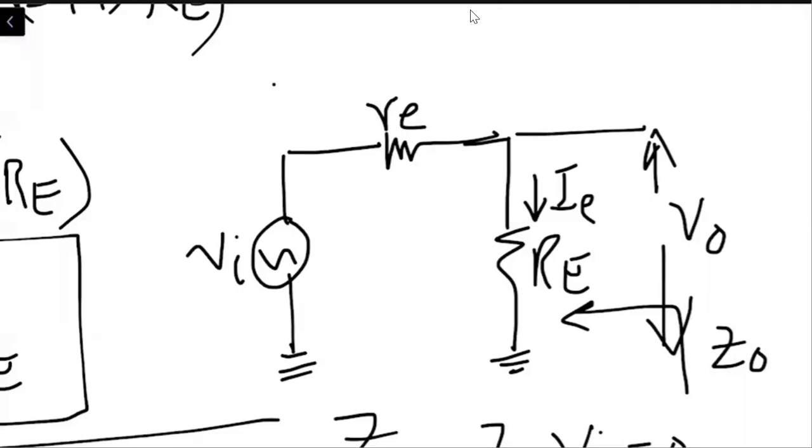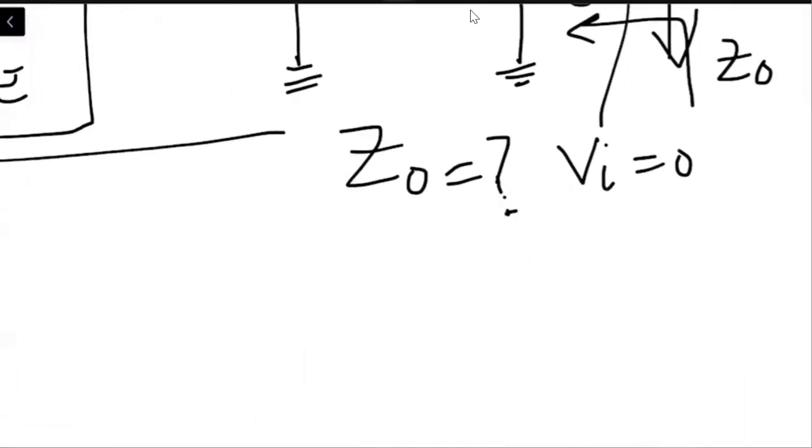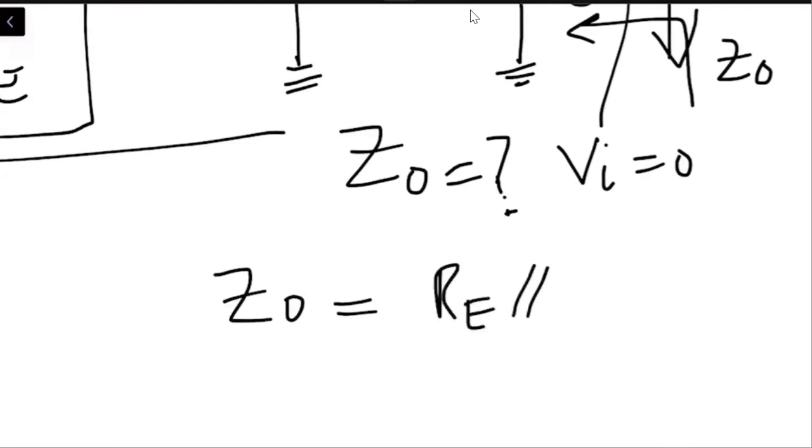RE will become parallel to small re. In that case, Z naught will be equal to RE in parallel to small re.